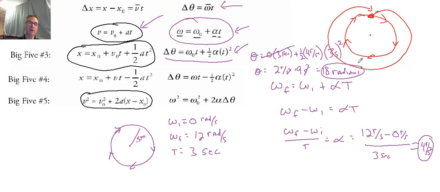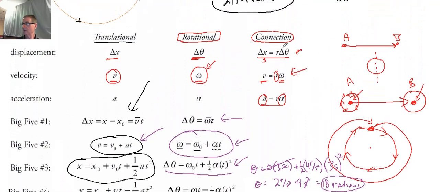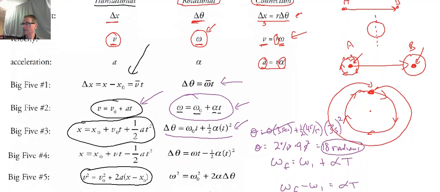Well, I'd like to know one more thing. I'd like to know what the linear distance would be if my wheel spun on the ground. What's the linear distance that my wheel would have traveled if it was on the ground? Well, remember that I have my equality equation right up here: x equals r times theta.